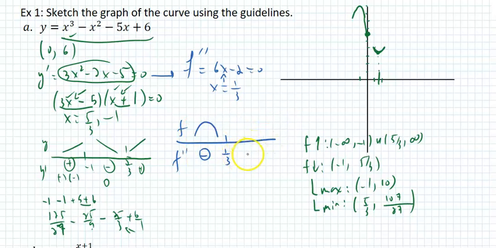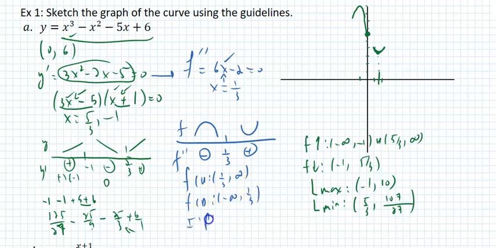And a point to the right of 1/3, say 1. 6 minus 2 is positive. So we know that f is concaving up from 1/3 to infinity, and concaving down from negative infinity to 1/3, and we have an inflection point at 1/3. x equals 1/3 is about right there.